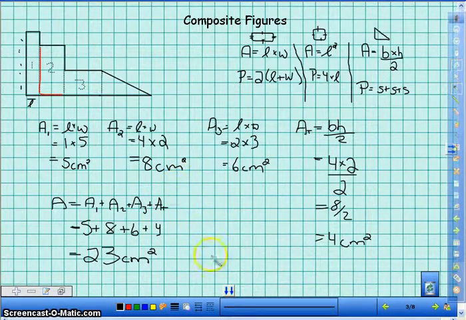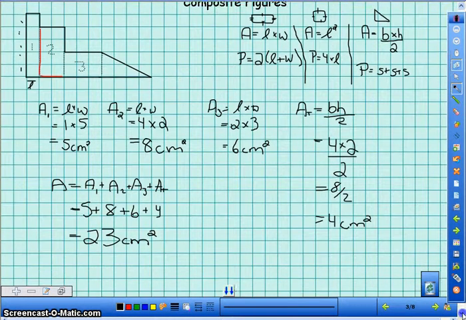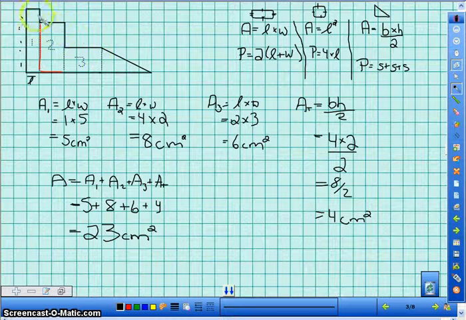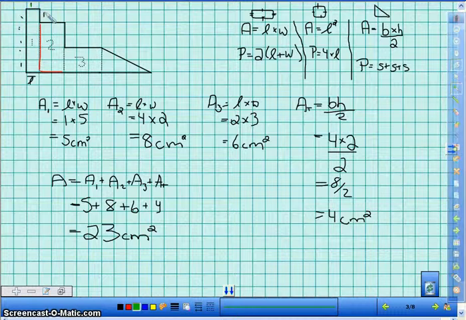Perimeter, there is no short trick to it. You have to add up all the sides. Okay, showing the labels here, so we have 1, 1, 1, 2, 2, 3. Now here's our trick. We don't have our side length.